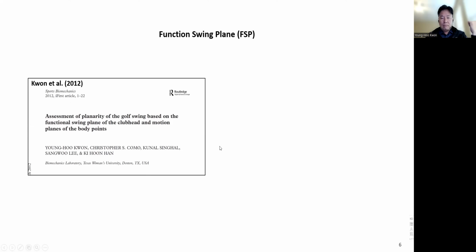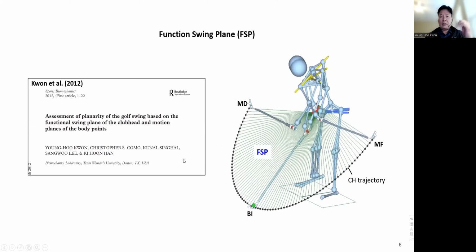Basically, the functional swing plane is defined based on the club head trajectory. The most important motion in the golf swing is obviously the club head motion. And particularly what I'm using here is the trajectory from mid downswing to mid follow through, when the club is parallel to the ground during the downswing and during the follow through in the frontal view.